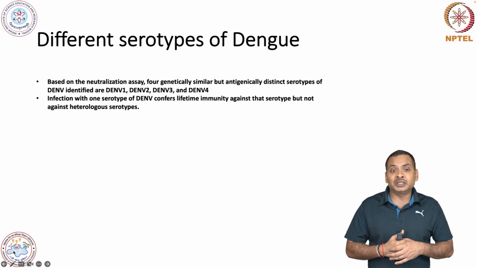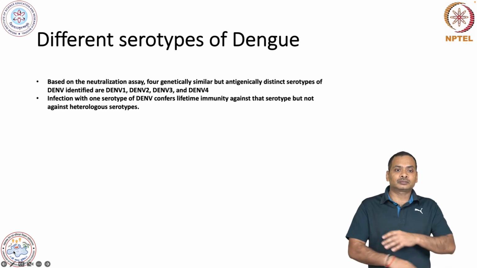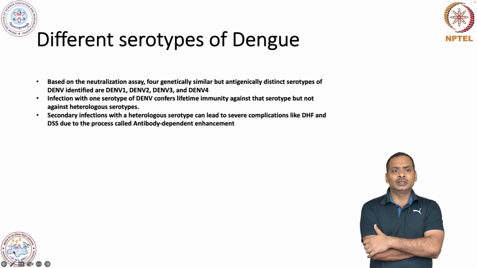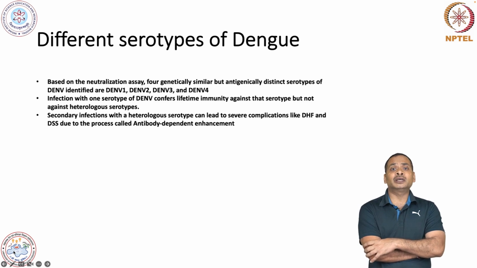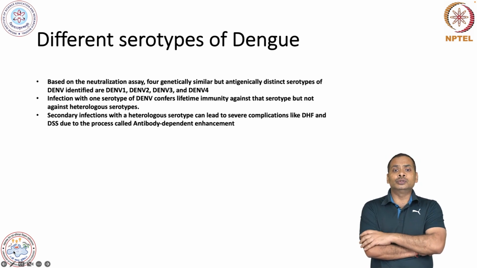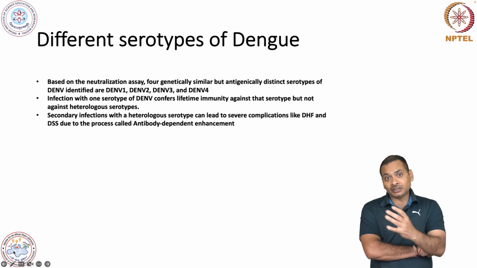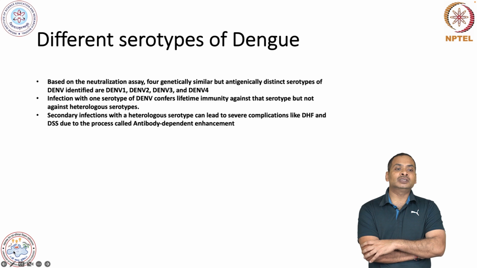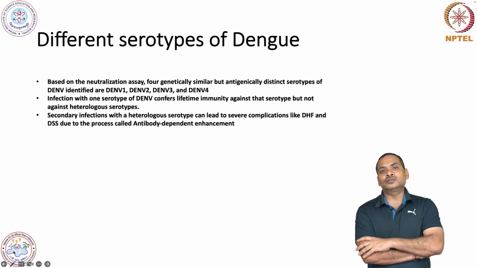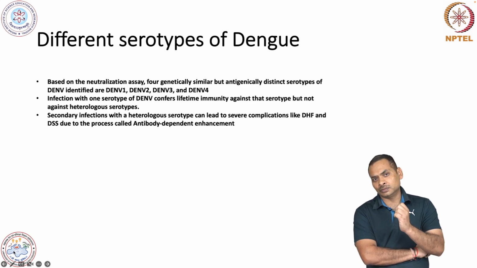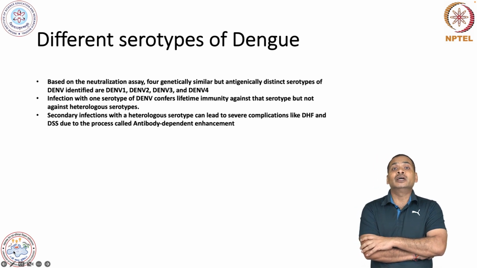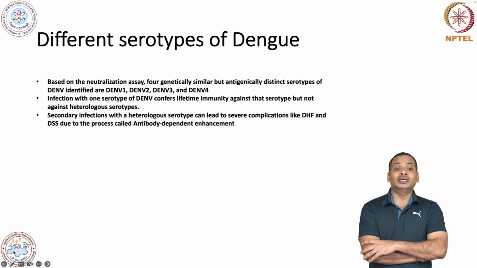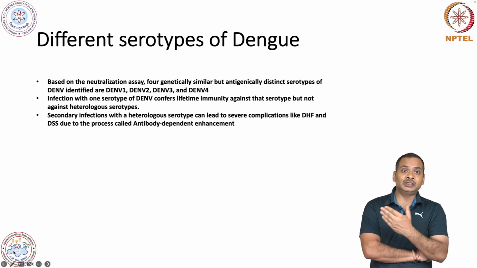But if the same individual is infected with, say, dengue 1, 2 or 4, then that is a more complicated situation. Why? Because a second infection with a heterologous serotype can lead to severe complications and more severity, like dengue hemorrhagic fever and dengue shock syndrome, due to a phenomenon which we call antibody dependent enhancement, which I mentioned in the previous session.